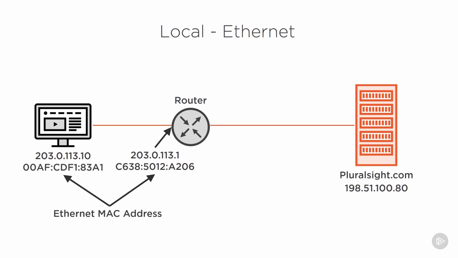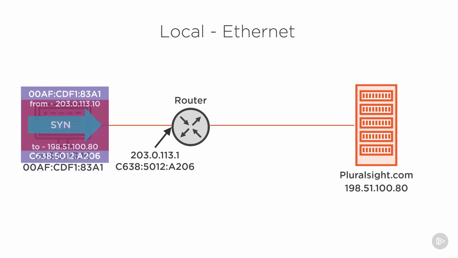Now, in order for us to be able to send a message from our workstation to the global address at Pluralsight, 198.51.100.80, I need to take that global addressing and I need to put it in another little envelope, a container, that has my local addressing as well.